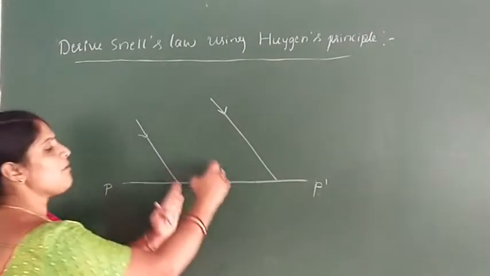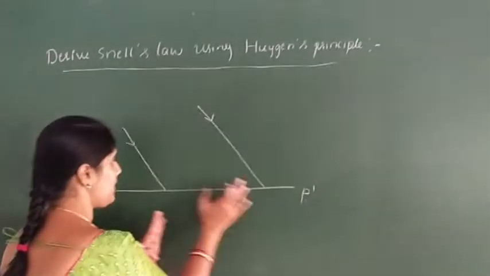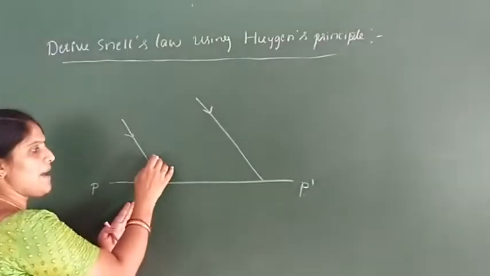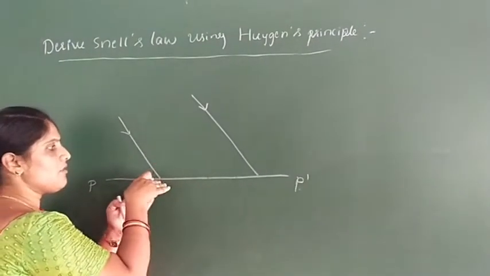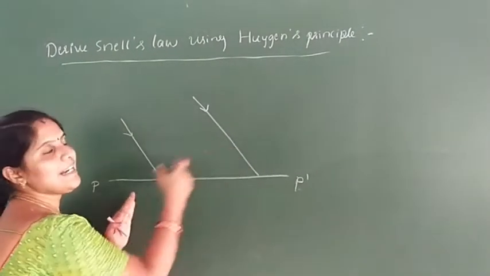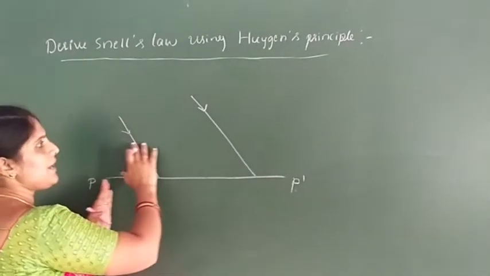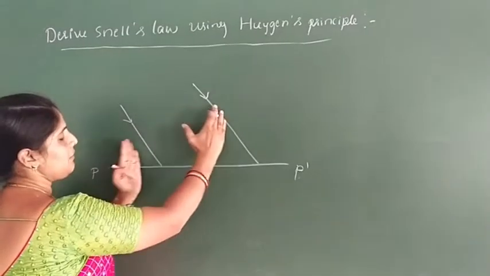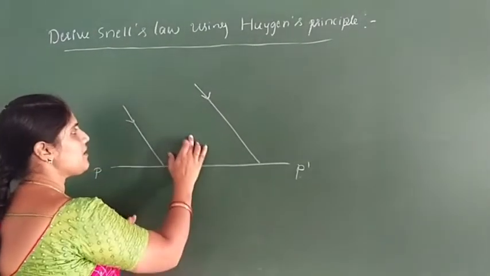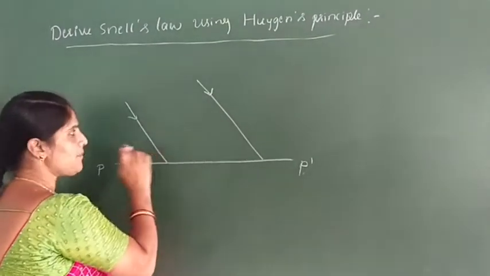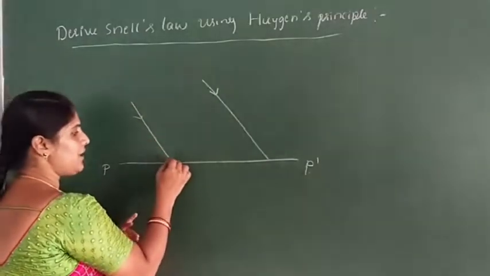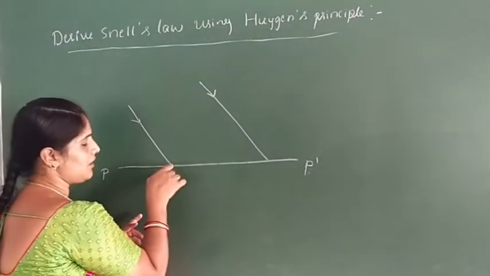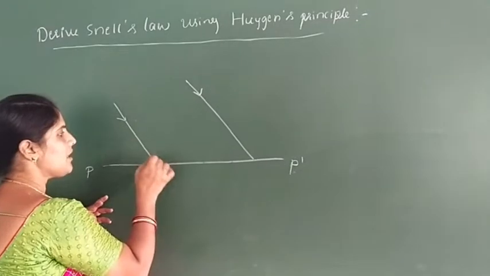When a parallel beam of light is incident on this surface, the left edge of the beam reaches the surface before the right edge. A plane parallel beam means there are parallel rays present in the gap in between. When the first left ray reaches the interface, what happens?